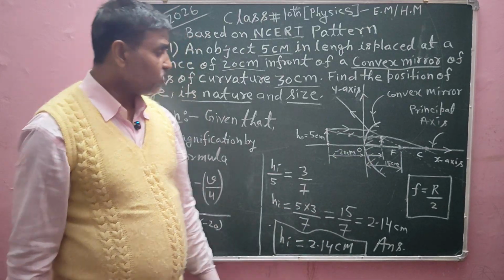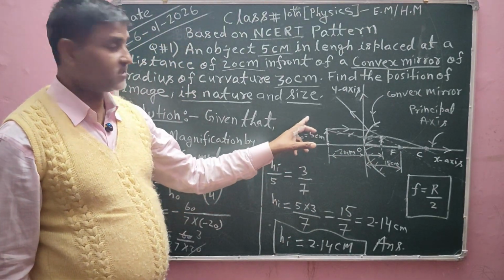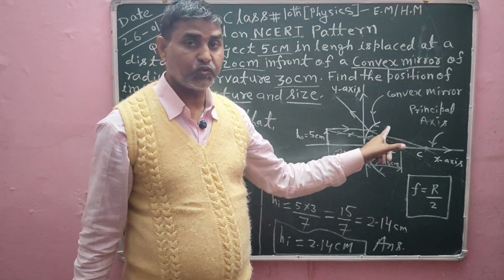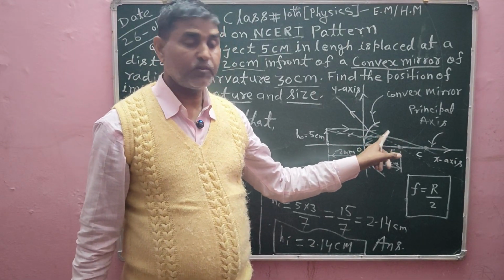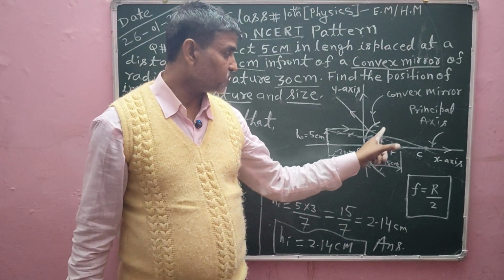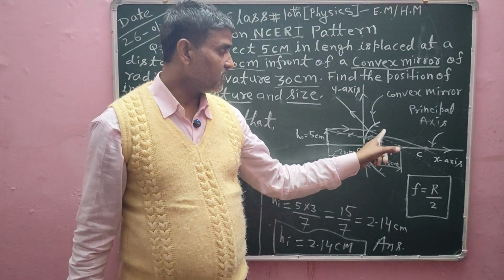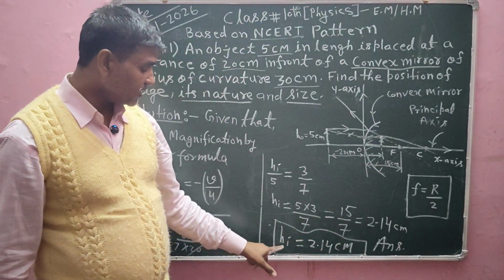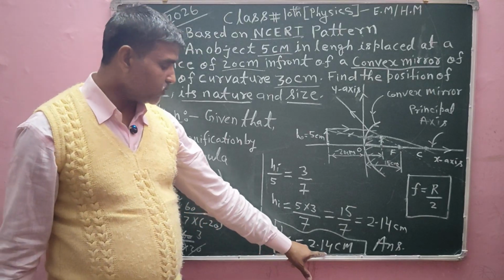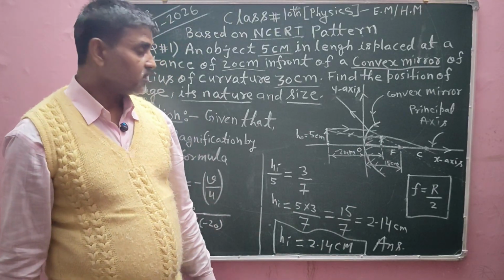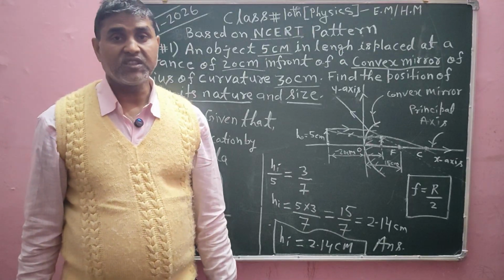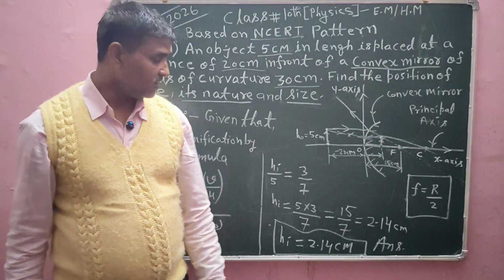Okay, now its image, its nature I have to explain. Its nature will be virtual and erect, and the length of the image will be 2.14 centimeter, that is diminished. Okay students, all this information I will also explain in Hindi.